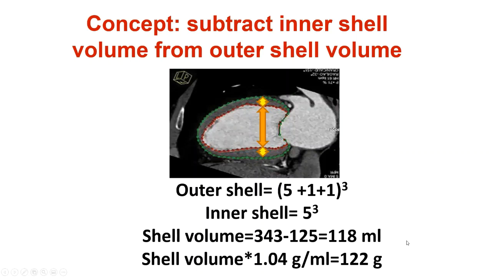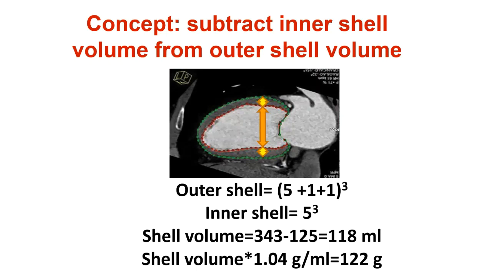But we can't stop there because the specific gravity of the heart muscle is greater than 1. In fact, it is 1.04 grams per ml. So one arrives at a mass by converting the volume to a mass using the specific gravity. The mass is actually 122 grams.